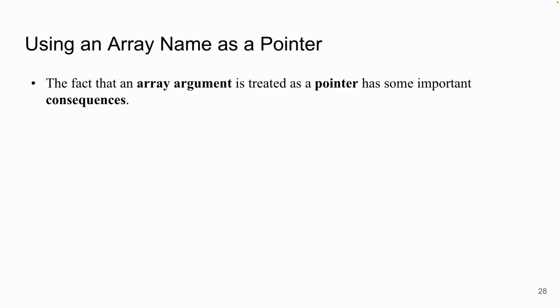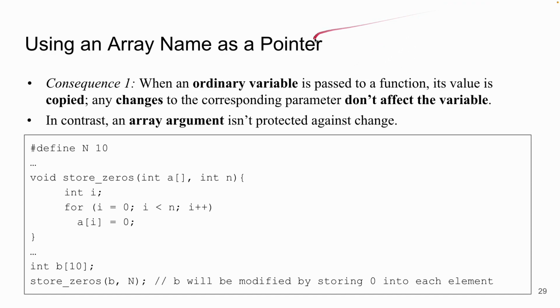So there are some important consequences in C. The first thing is that we all know that if we have ordinary variables as the argument, when we pass an ordinary variable like an integer variable to a function, what we do here is pass by value, right?